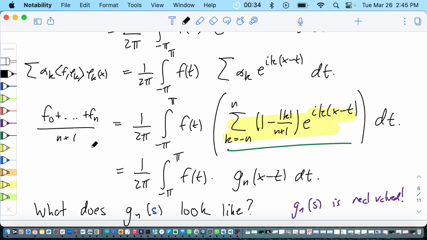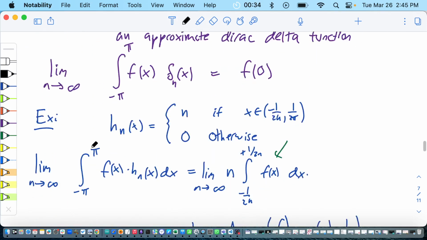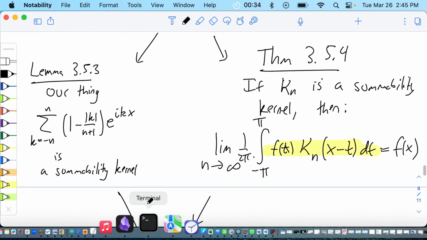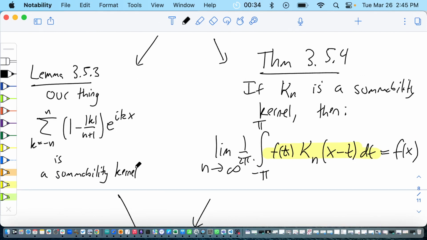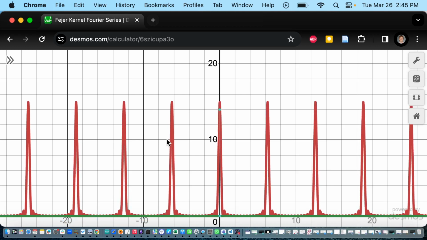And then we had a path forward. We said this thing is called a summability kernel, and it satisfies these properties. And what we need to do is two things. We need to show lemma 3.5.3, that the thing we have is actually a summability kernel. It actually satisfies the properties we think it does based on the picture. So the properties say the total integral has to be 1, and it has to concentrate.